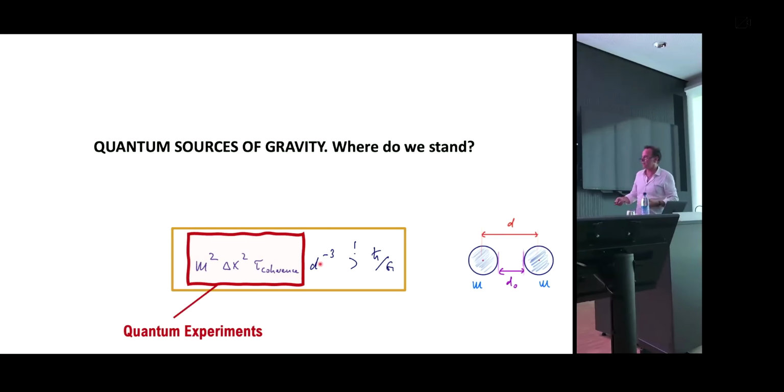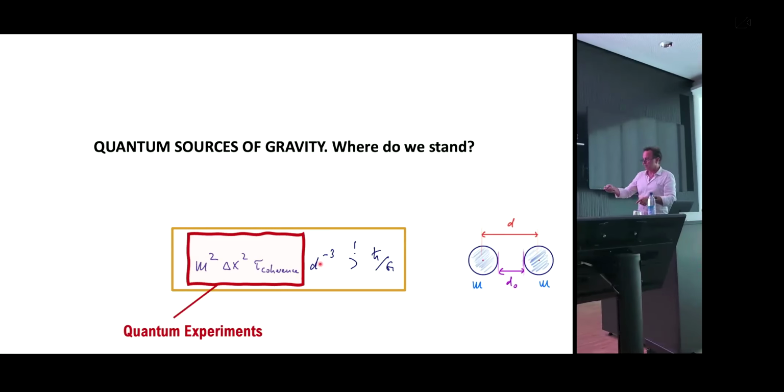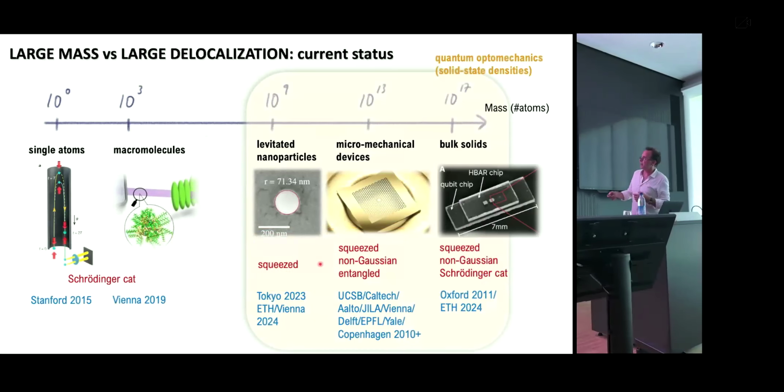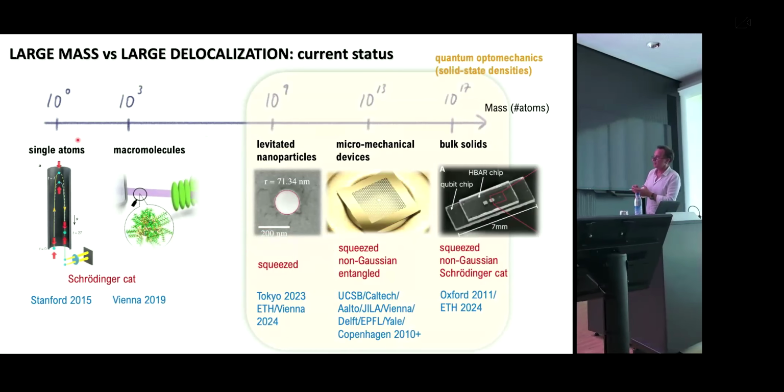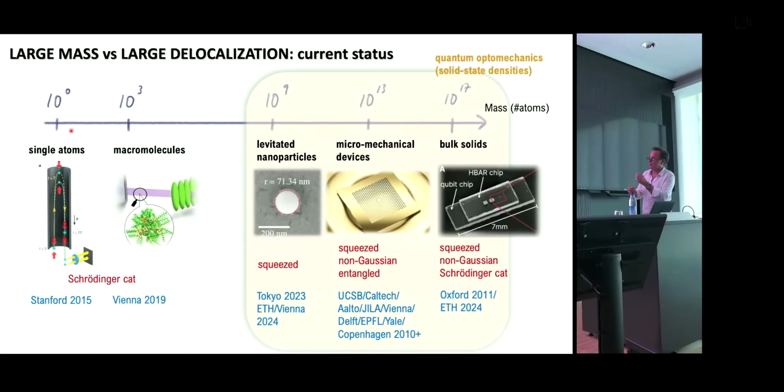Okay, so let's start with quantum experiments. Where do we stand with respect to this specific product? Well, let me give you a landscape of masses today in quantum experiments, with a couple of nice pictures showing you what we have today in the physics literature.